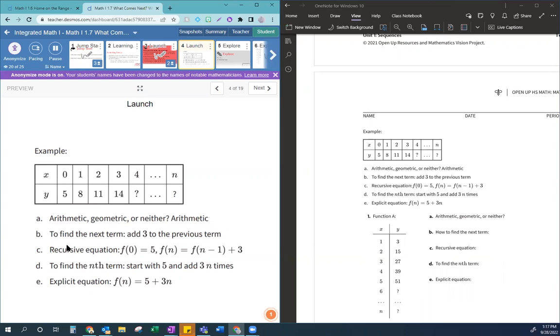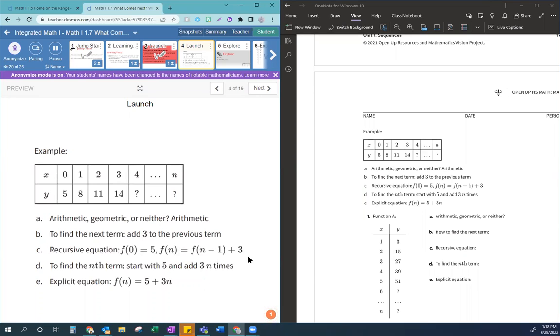That's awesome. To find the next term, we added 3, which makes sense, right? Because if it's arithmetic, then we would add 3. The recursive equation, remember 2 parts. Number 1, the starting point, f of 0 equals 5. And the next one is next equals previous plus 3. See? Add 3 to the previous term.